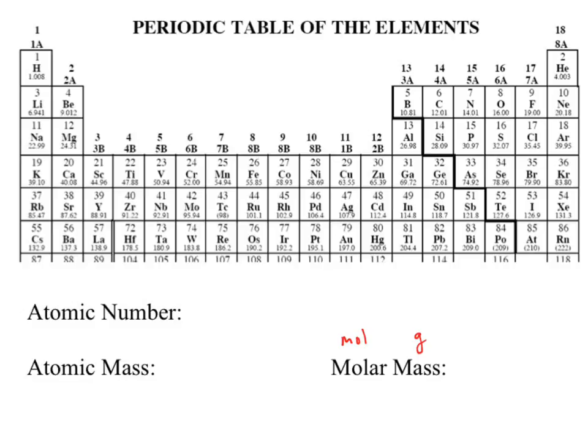So for that same molecule, it is 44.01 grams in 1 mole of CO2. What do I now have? A conversion factor. This converts between the number of molecules and the mass.